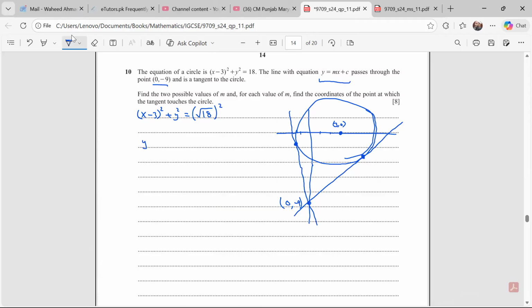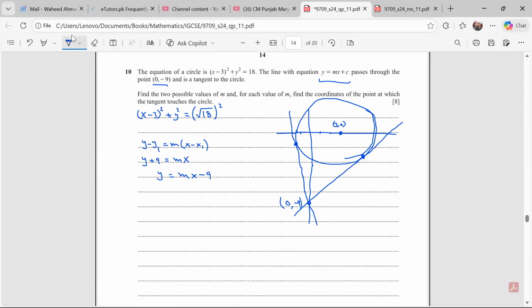So remember the formula is y minus y1 equals m times (x minus x1). So y minus y1 is y plus 9 equals m, and x minus x1 is x minus 0, so this is mx only. So I can write it as y equals mx minus 9. This is the equation of a straight line with the unknown slope but passing through this point.